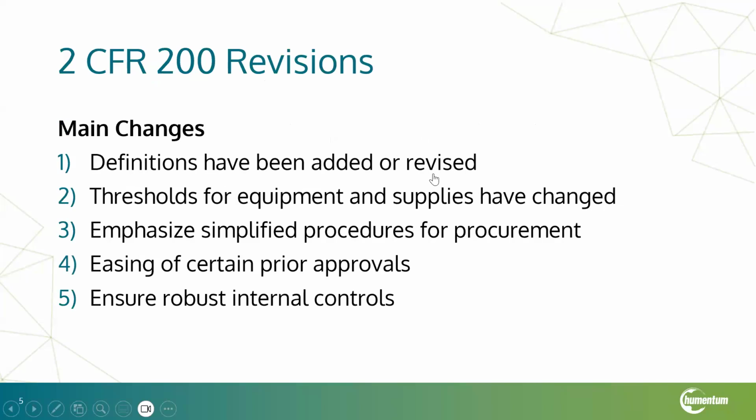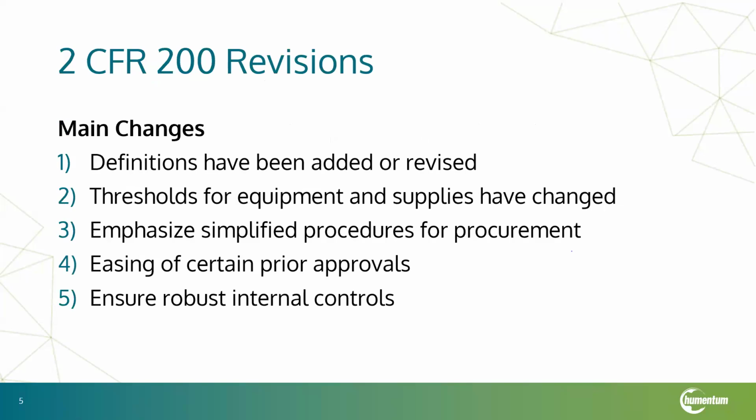In addition, some of you might be really curious about the main changes. The definition section has been revised, and there have been certain added definitions, one in particular that I will talk about. The thresholds for equipment and supplies have significantly changed.